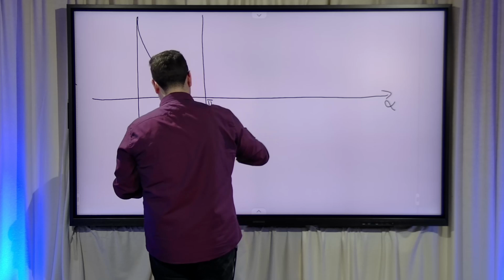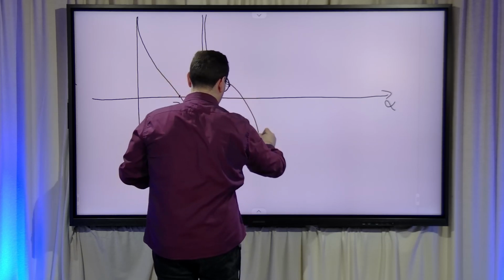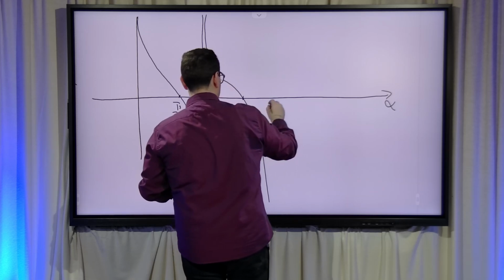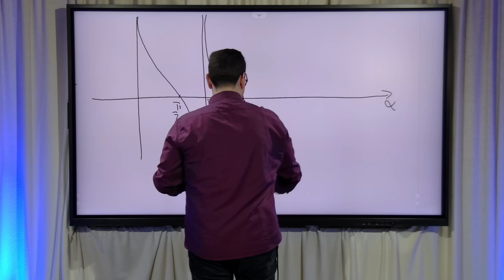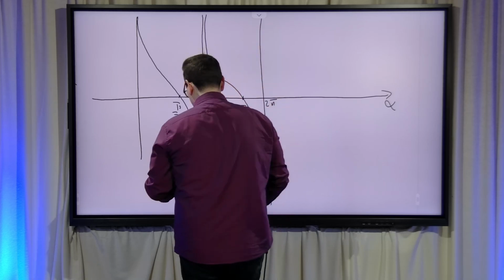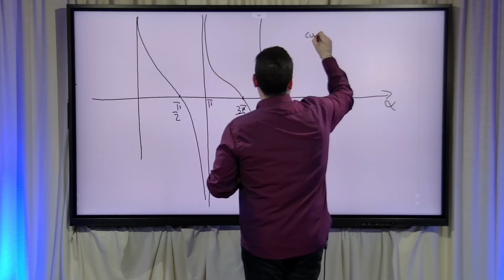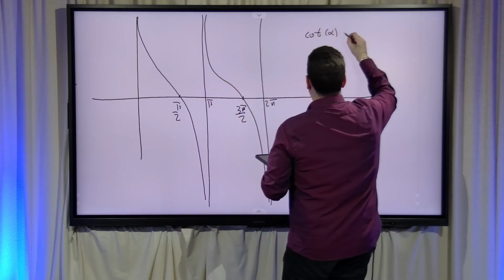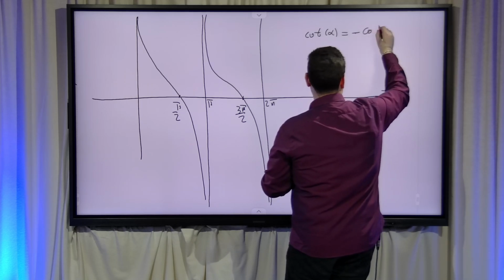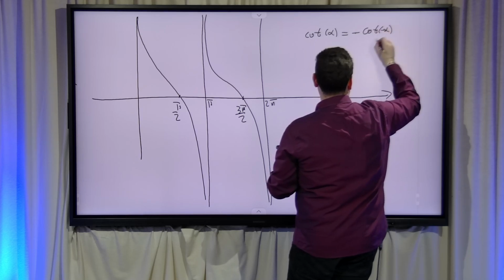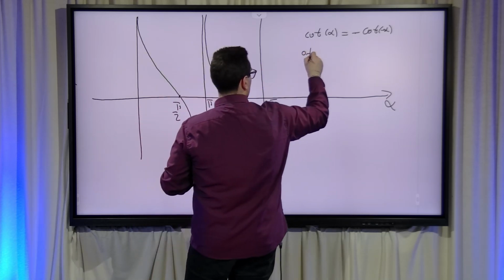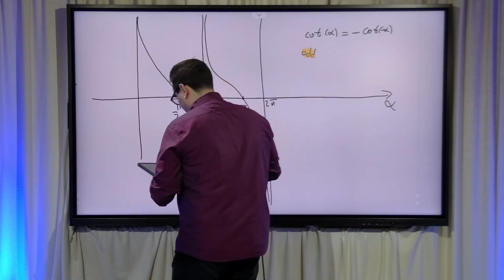The asymptotes now are in pi and its multiples. So I have 2 pi here, and so on. Same thing about the cotangent. The cotangent of alpha is equal to minus cotangent of minus alpha. So this function is odd as the tangent.